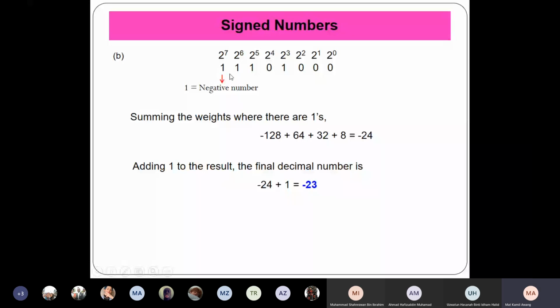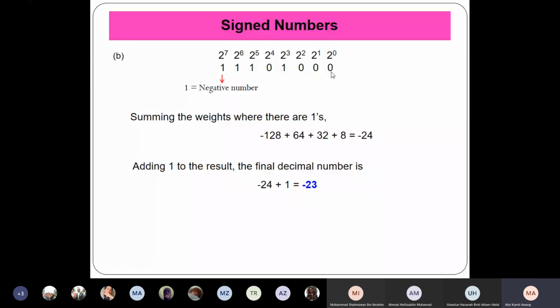You take this number, 11010000. Try you take one's complement. So you get 0, 0, 1, 0, 1, 1, 1.